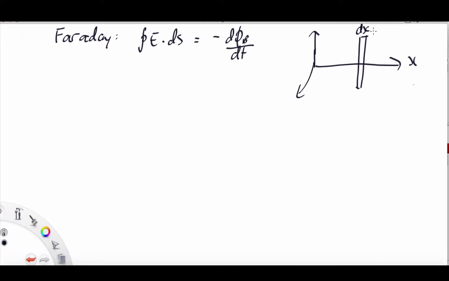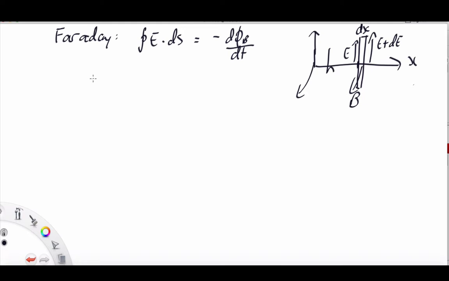It's dx wide, it's h high, and let's say we're moving to the right, and at this point we've got electric field E, but a little bit further to the right we've got a bit more electric field. It's E plus dE. So if the electric field is changing as you move to the right, then we've got some magnetic field at right angles to it.